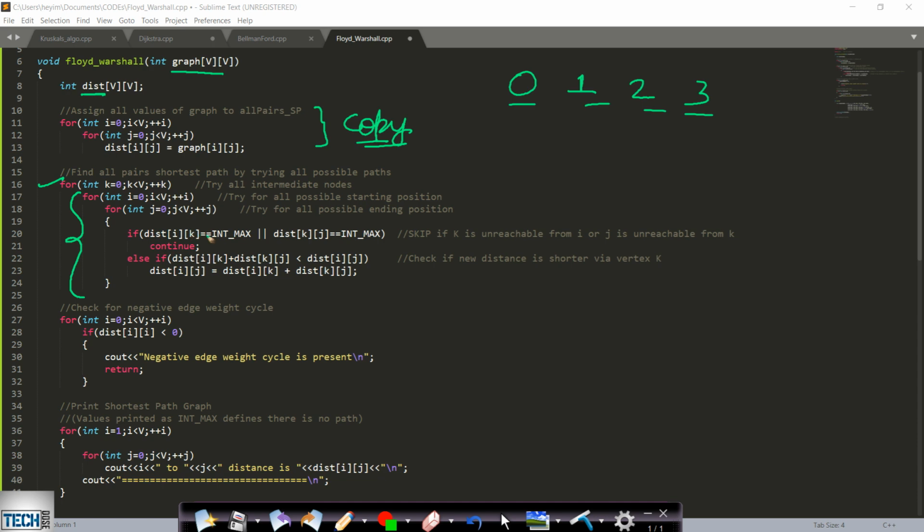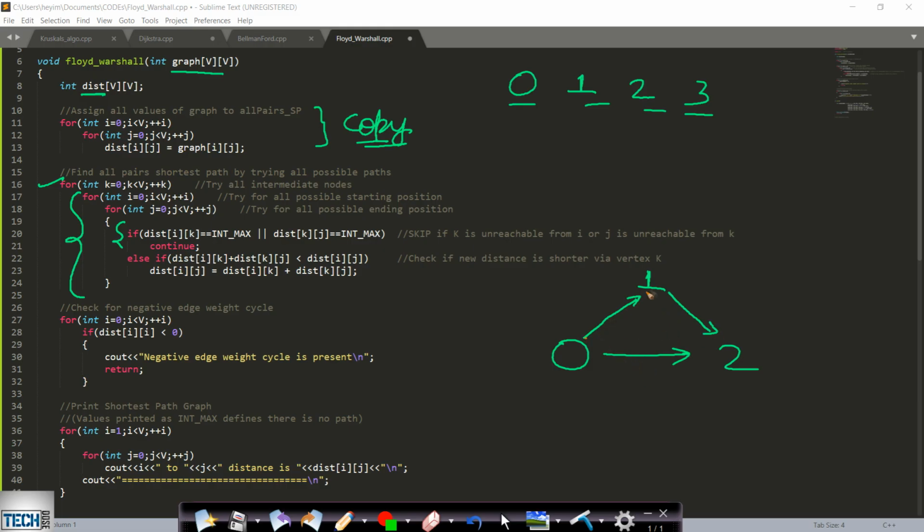And in this case, this is the option. If we are including a vertex, then let us say we were knowing the distance value from 0 to 2. Now we have an option to include this 1. So if the distance from 0 to 1 is known and from 1 to 2 is known, then only we can compare the distance values. Okay.